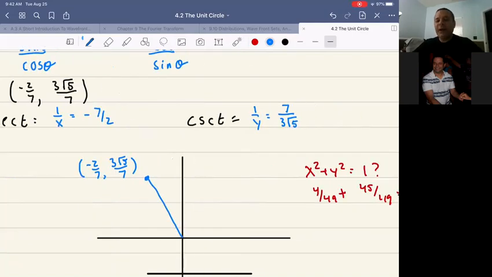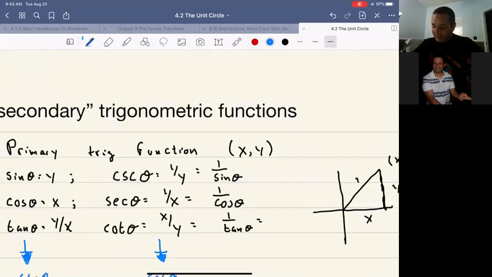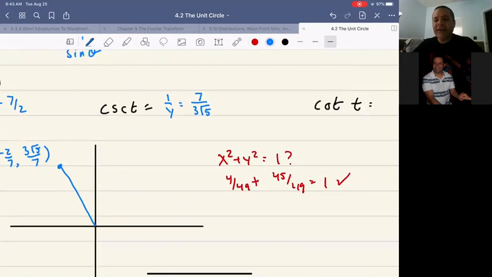MyLabs Plus does not like having, sorry about that, does not like having square roots in the denominator. So we're going to have to multiply the numerator and denominator by square root of 5, so that we won't have square roots in the denominator. So 7 over root 5 over 3 times root 5 times root 5.